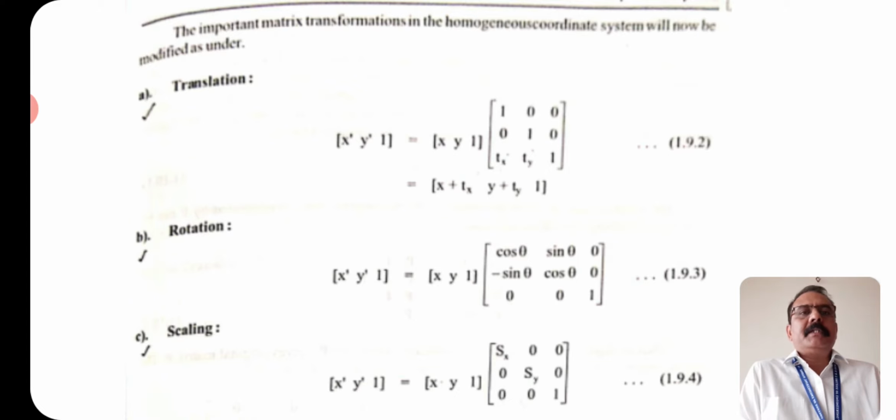Next is rotation. The matrix is x dash y dash 1, that is the new position, equal to the initial position x comma y comma 1 times the matrix cos theta, sin theta, minus sin theta, cos theta. This is our regular rotation matrix. Just convert it into a 3 by 3 matrix. Therefore, add a third row and third column.